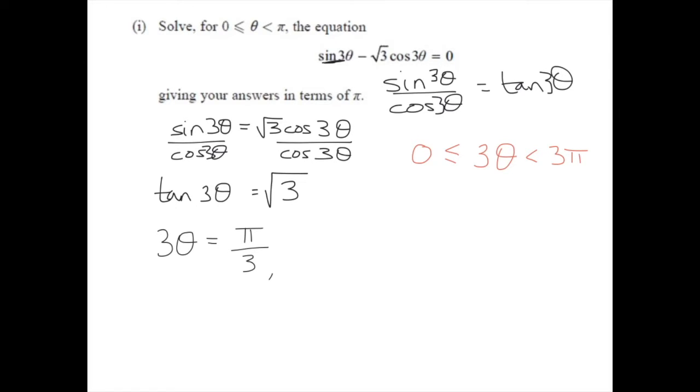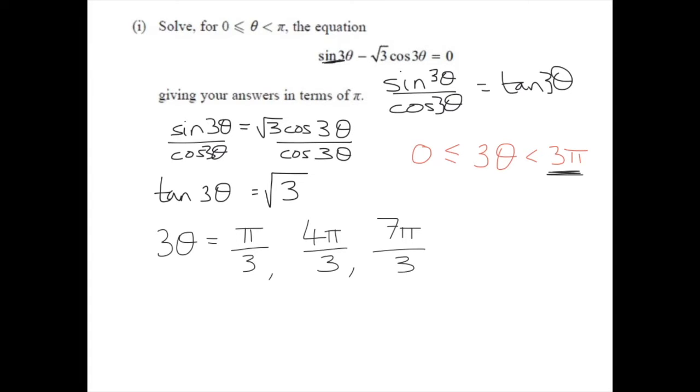Another solution from that: remember the tan graph repeats itself every 180 or every pi. So adding pi onto that, we're going to get 4 pi over 3. Add another pi to that because now we're trying to get it between 0 and 3 pi. So adding that on again, we're going to end up with 7 pi over 3. Remember, we want to keep our answers in terms of pi.